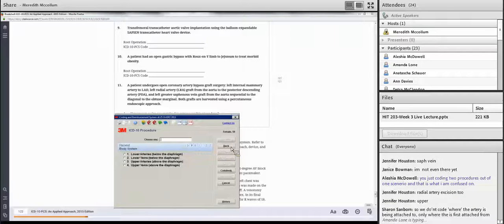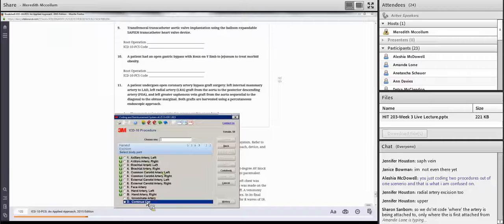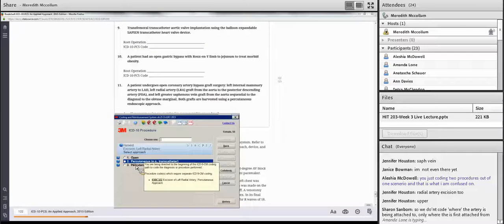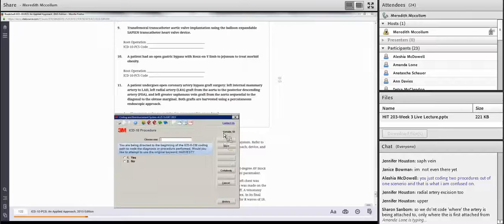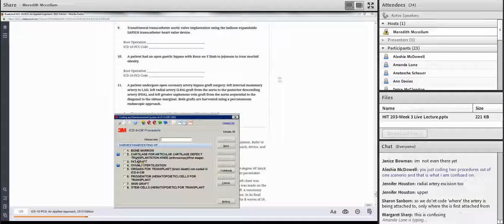Yeah, I was having a moment. Left radial, there we go. Percutaneous endoscopic. I don't like how this I9 does this.